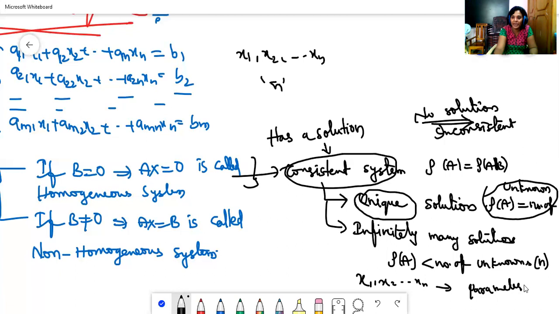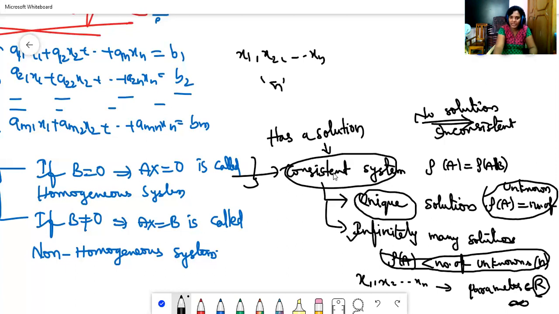We can choose the parameters, which belong to the real number set, and the real number set has infinite values. By substituting different values for those parameters, we get different solutions for the variables. So if rank of A is less than n, the system has infinitely many solutions.